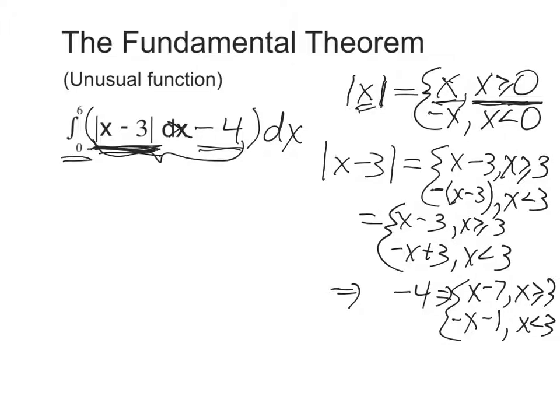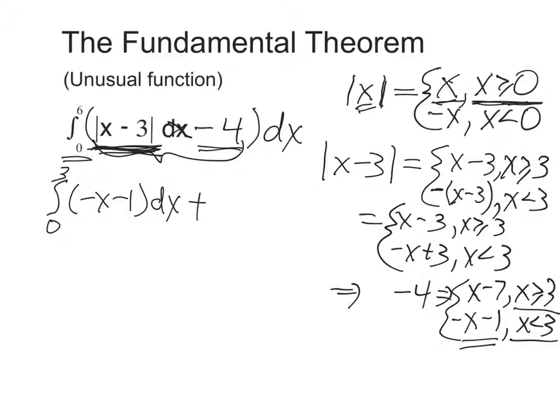So our integral starts at 0 and goes to 6. Well, that's going to be split up into two different parts here. From 0 to 3, we're going to be working with what function? These are the values that are less than 3, so negative x minus 1. So that would be the first part.